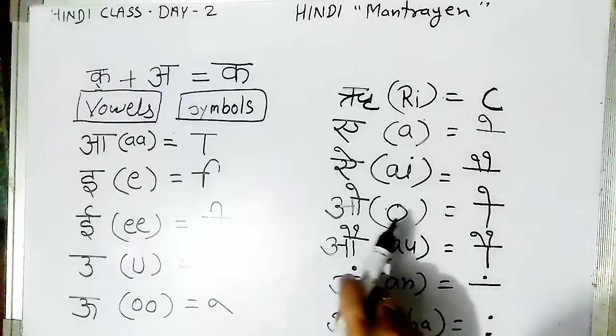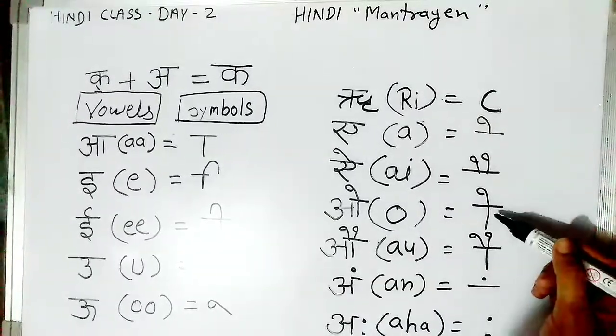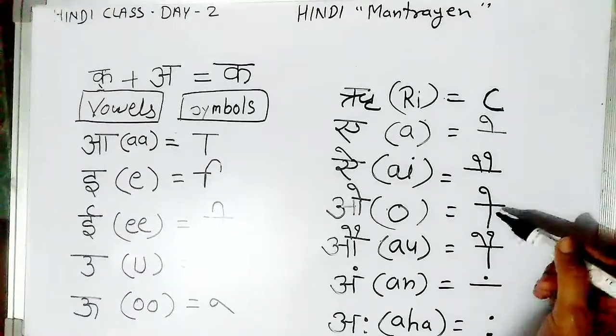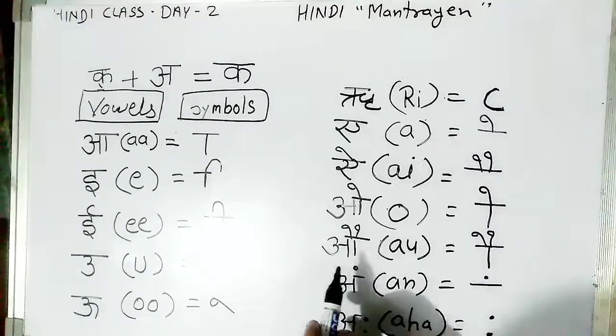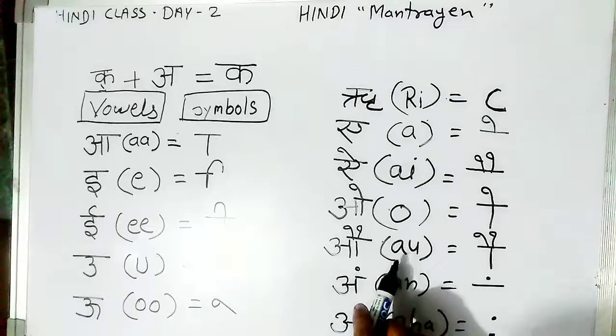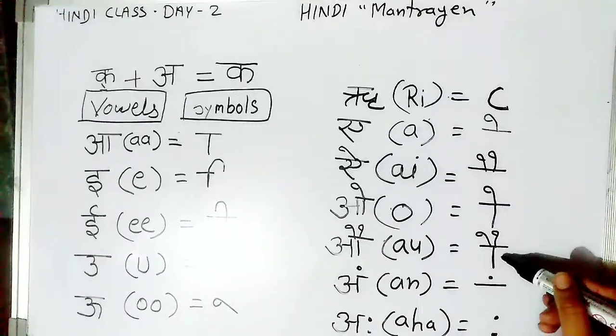O, this is O, and this is the symbol of the O matra. Next is Au, and this is the symbol of the Au matra.